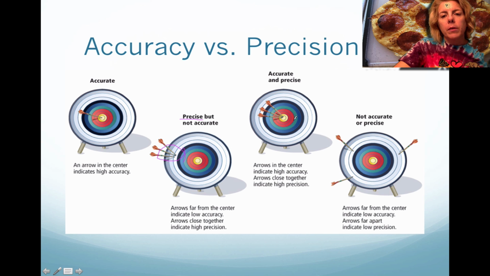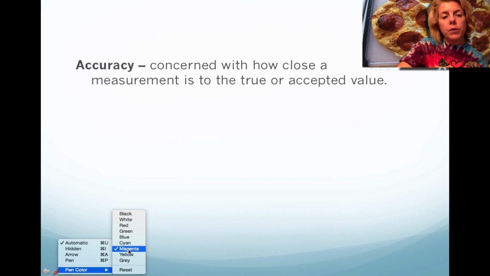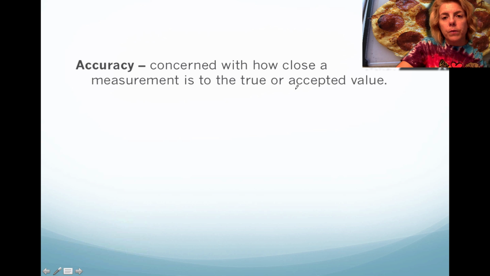Now here we have an example where the person was able to get all the arrows in the target. So we call that accurate. And then obviously the last person, they were all over the place. They were not considered accurate because they didn't hit the target. And none of their arrows centered around one location. So accuracy, we're looking at how close your number is to the accepted value, okay?